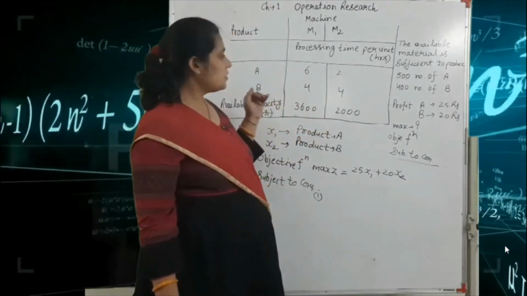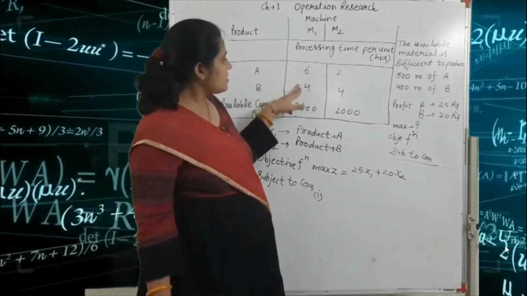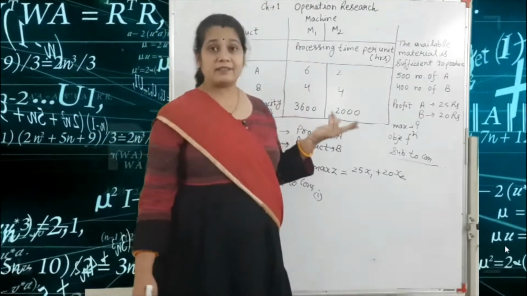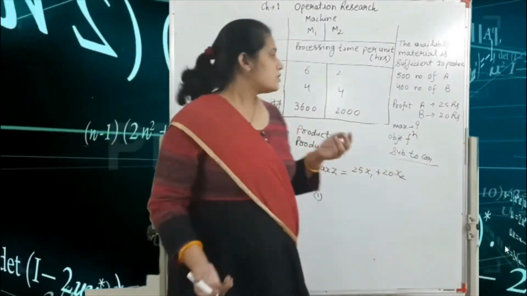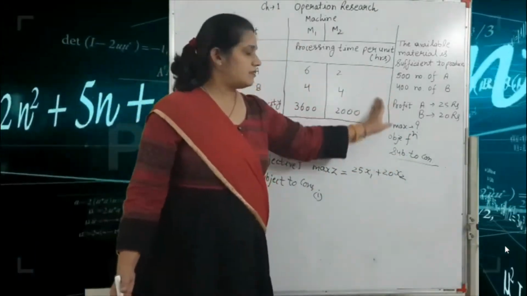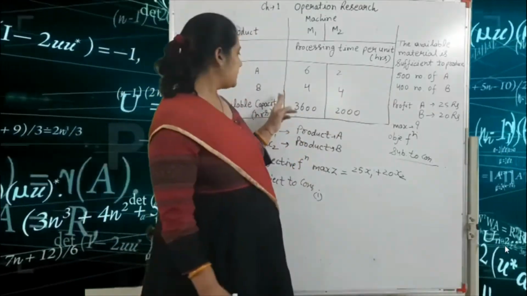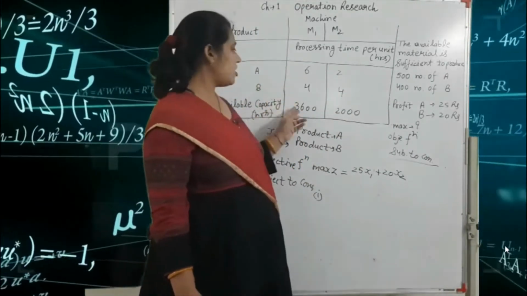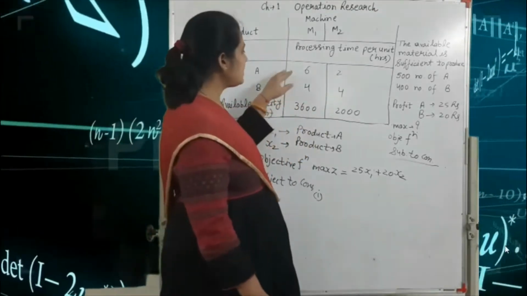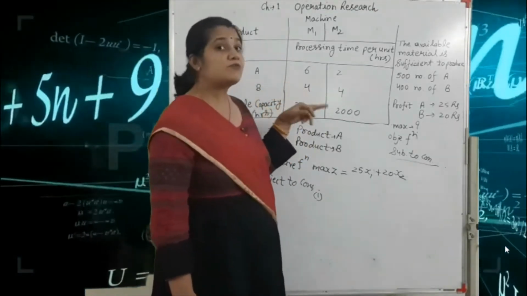Always write the less than or equal to, greater than or equal to, or equal to sign in the constraint equation. Here no values are given separately, but for products A and B the total capacity is available. So we write 6x1 plus 4x2.